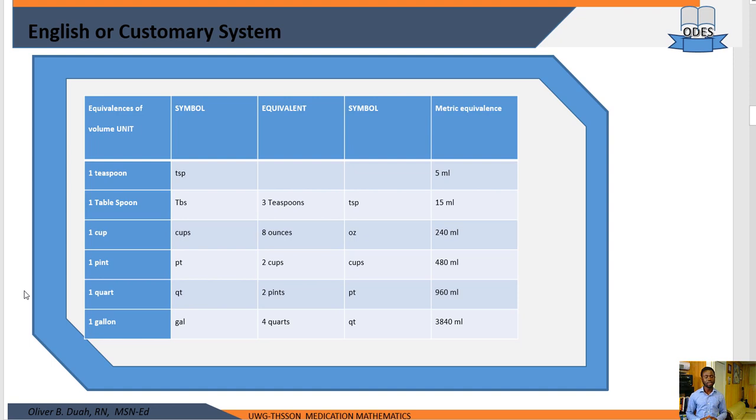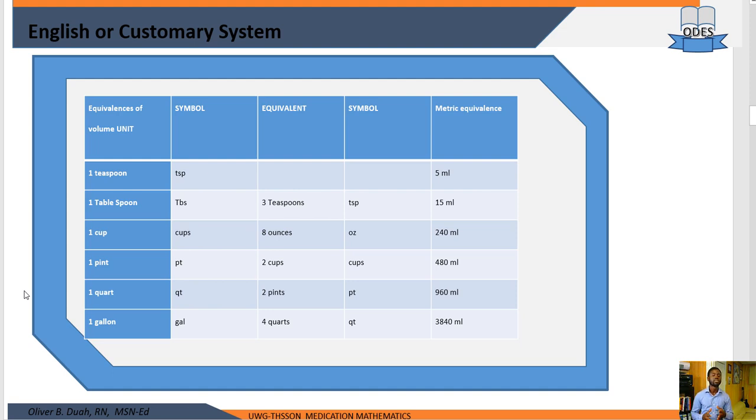In the US or English customary system, what we mentioned was that these are based on household measurement tools. So for example, 1 teaspoon in the US customary system is equivalent to 5 mLs. This does not always mean that you'll find a teaspoon that measures exactly 5 ml. That is why the metric system is more accurate than the US customary system.